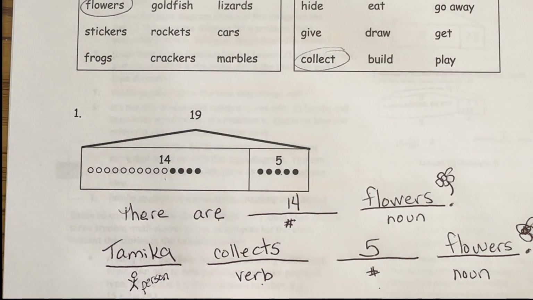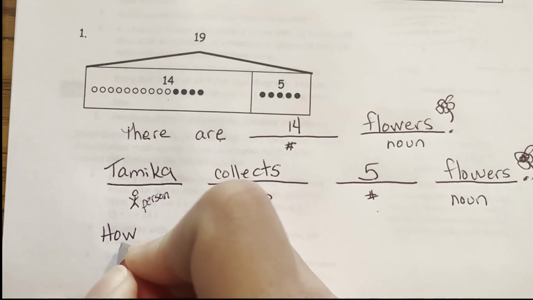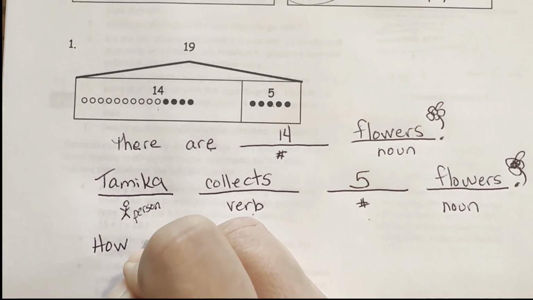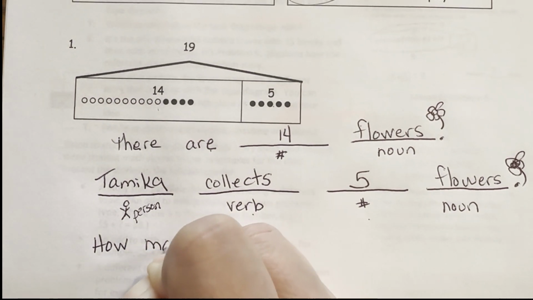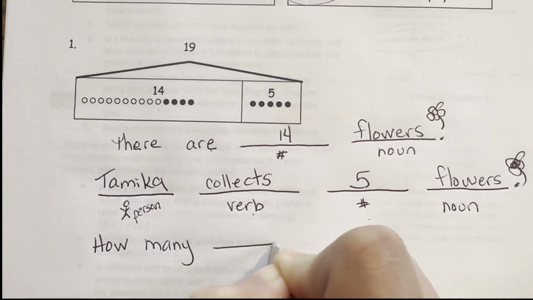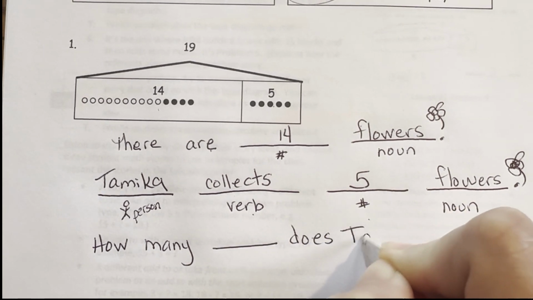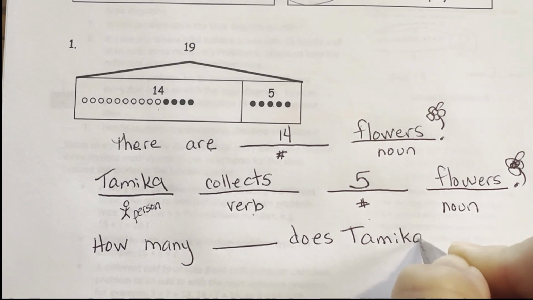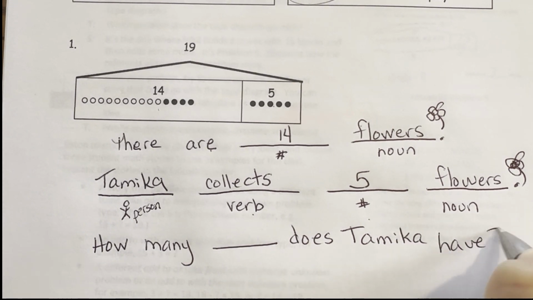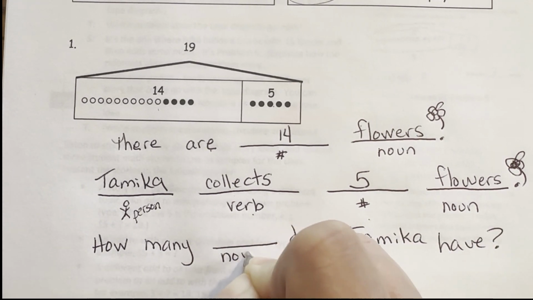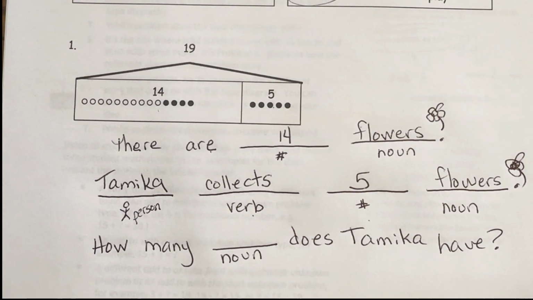Then the question that is modeled throughout this lesson is, how many blank does Tamika have? And this is going to be the noun. So it kind of gets into one of those Mad Lib type scenarios.